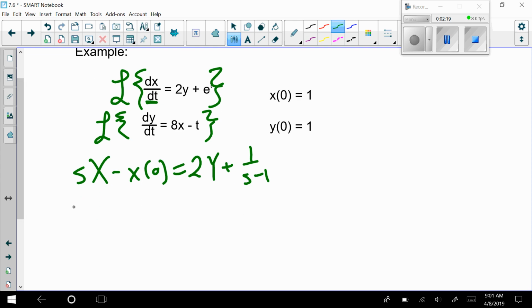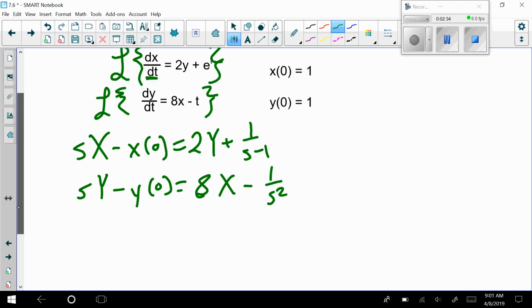On the bottom one, I would have sY minus y of 0, equals 8 times my big X here, minus 1 over s squared. Okay, and we have it transformed.